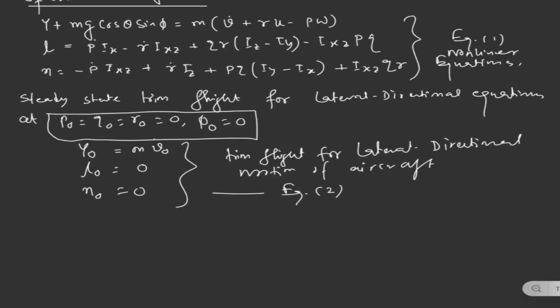Now we'll apply the perturbation to the different equations in equation number 1, and we'll come up thus with a linear model of the individual equation, force equation, moment equation. Now, let's start with the force equation along y-axis.